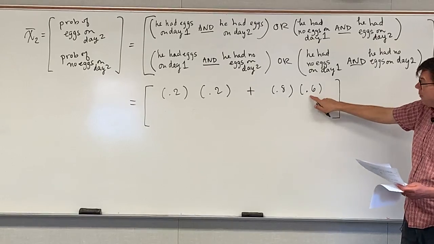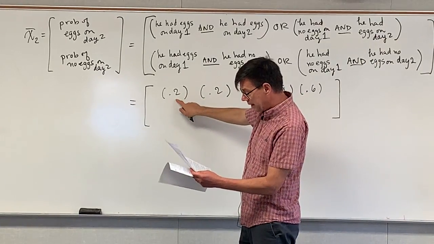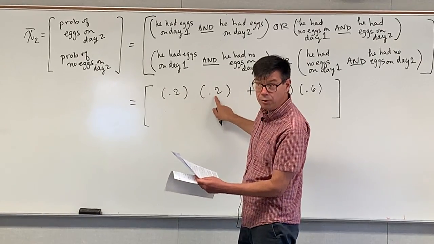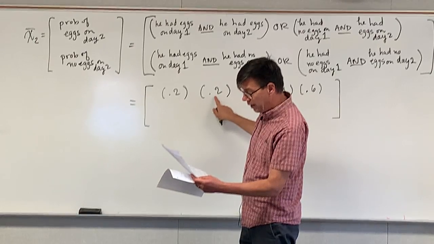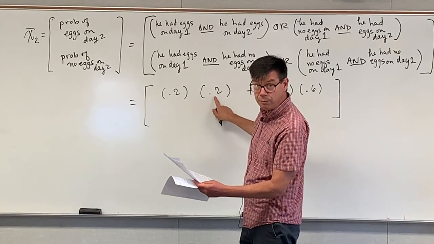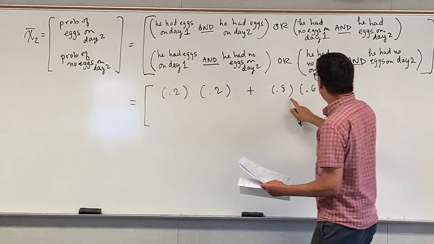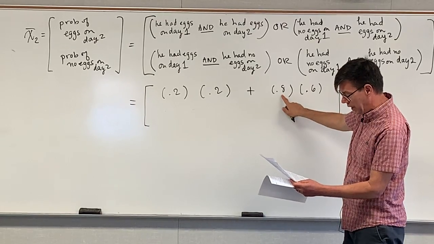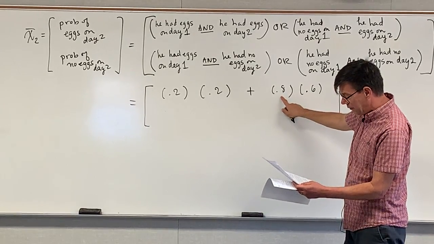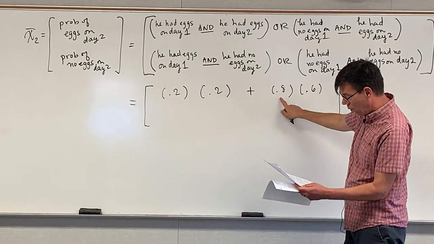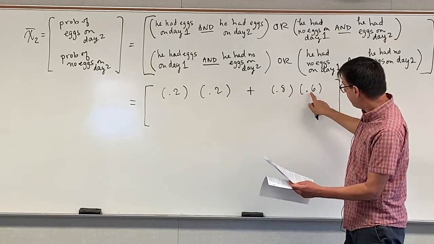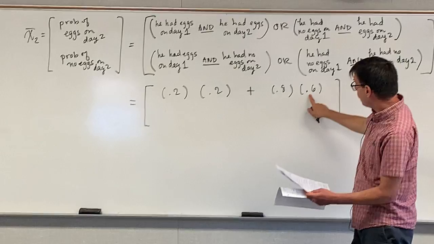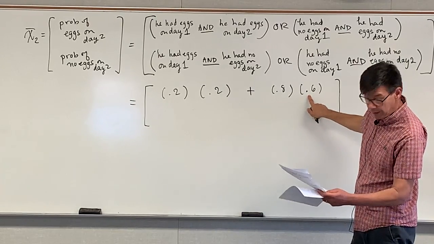Just look at the wording of my problem. If we have eggs on one day, the chance that he has eggs the next day is 0.2. If he has eggs for breakfast today, there's a 20% chance he will have eggs for breakfast tomorrow. If he had no eggs for breakfast the first day, there was an 80% chance of that. And if he did not have eggs one day, then the probability of him having eggs the day after a no egg day is 0.6. All right? It's from our statement.